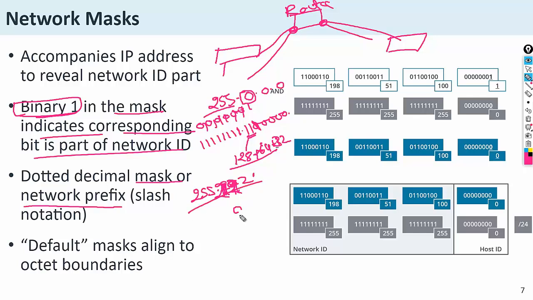The subnet mask for this will be 255.224.